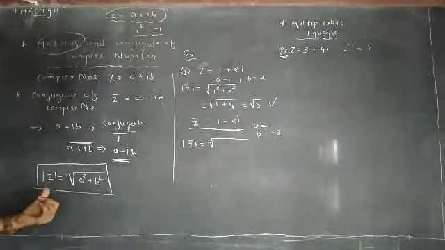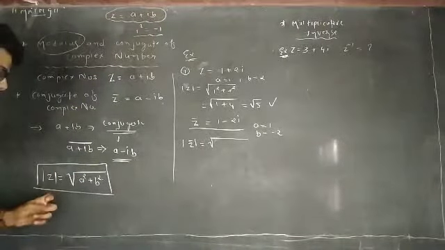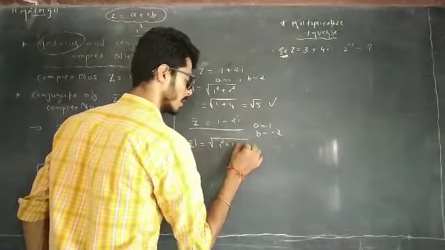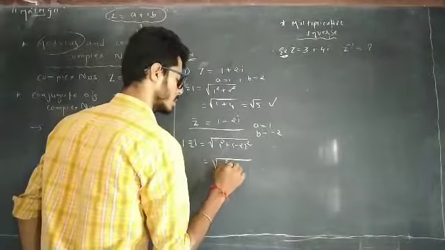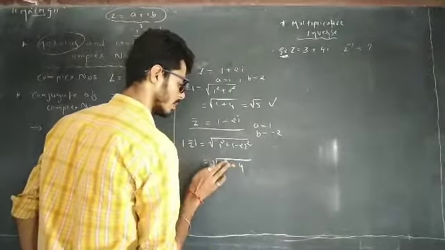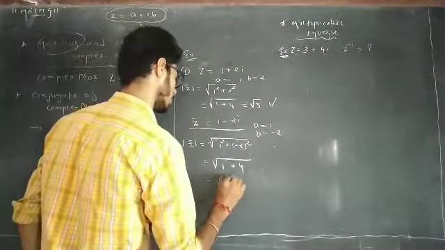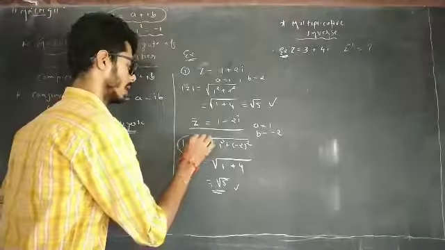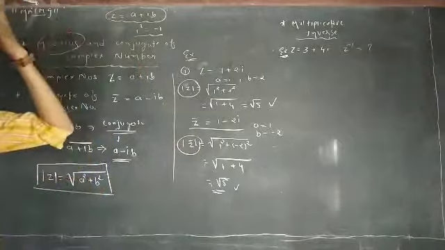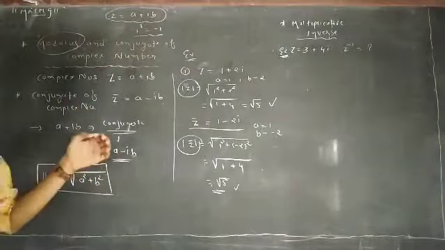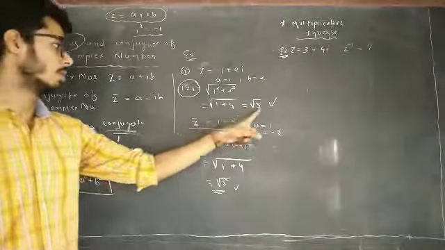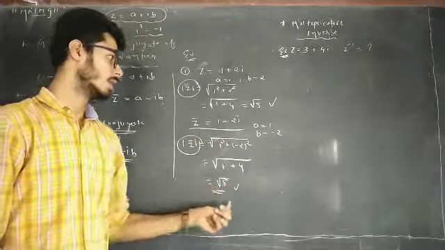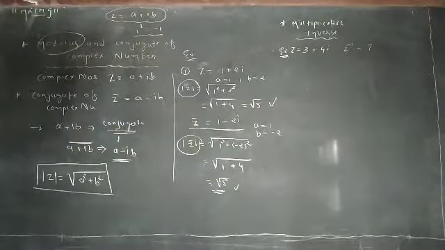The modulus is under root a square plus b square, so 1 square plus minus 2 square, which gives us 1 plus 4, which is under root 5. So over here we can say that whether it is the complex number or its conjugate, the value of the modulus is equal for both of these numbers. Ready?